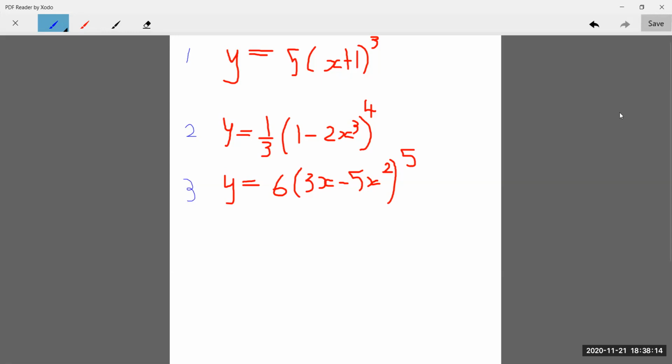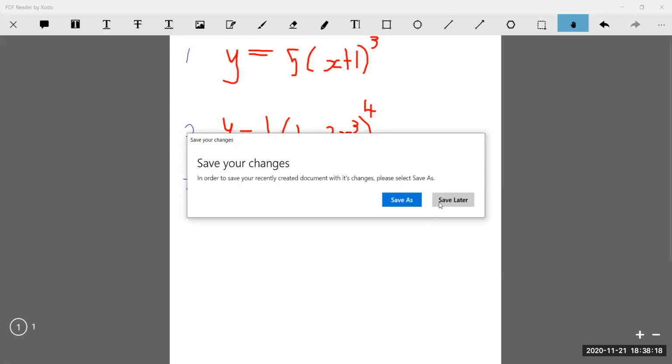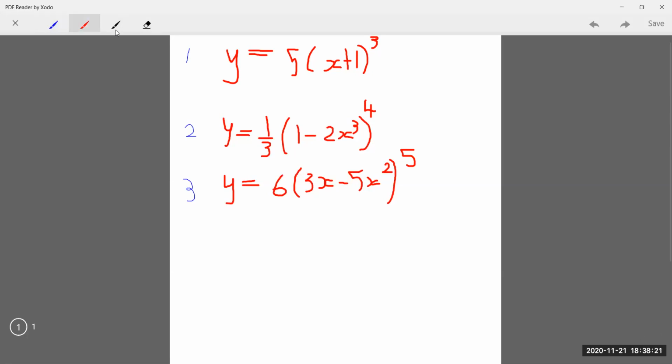So talk to me, Marika. How do we differentiate number 1? For number 1, we're going to have dy by dx equal to 15 times (x plus 1) all squared, times... No, it would not be 0.